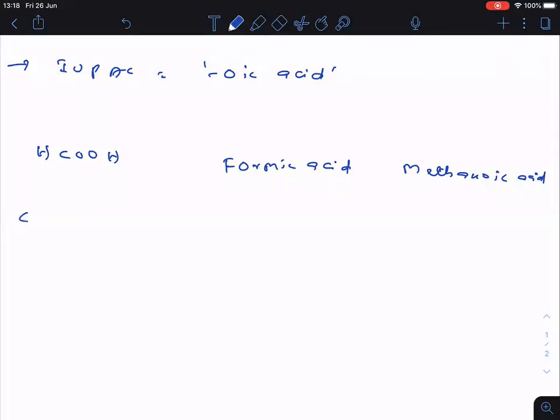Clear, everyone? Now, similarly, if I take CH3COOH, its common name is what? Acetic acid, and its IUPAC name is ethanoic acid.